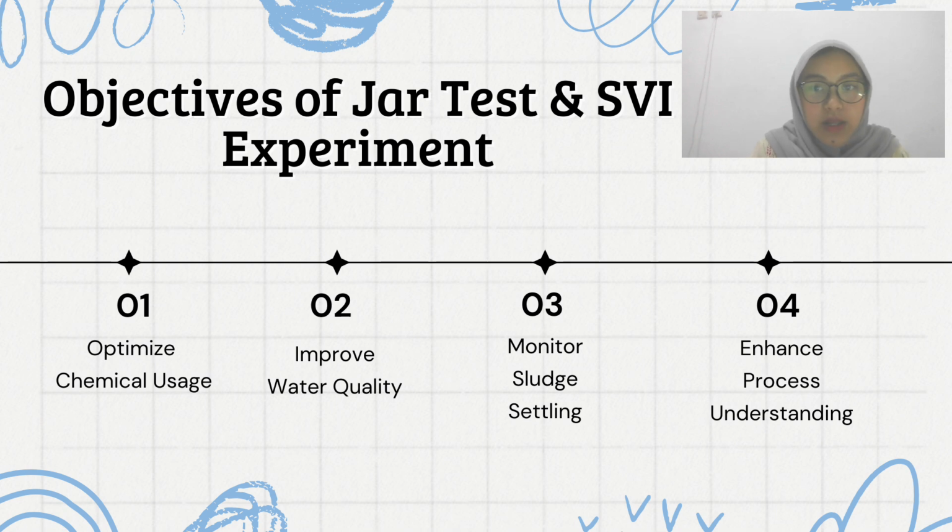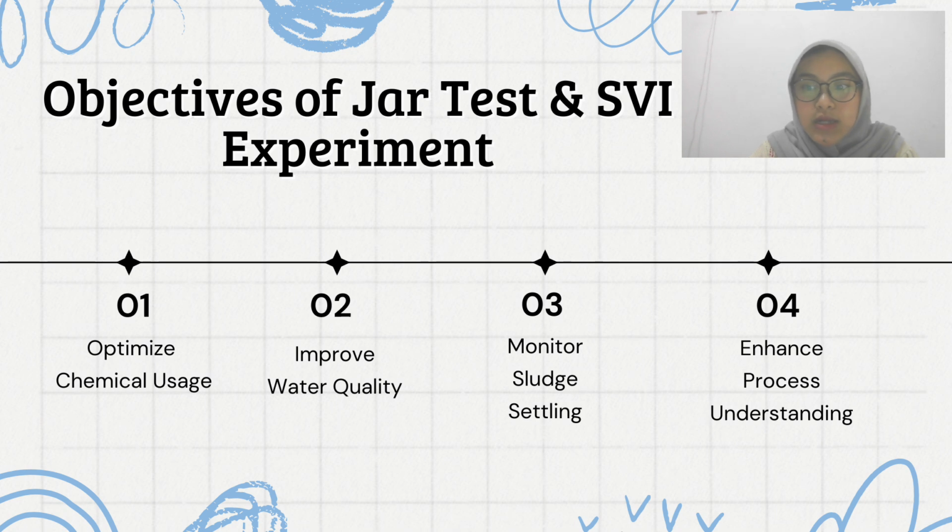Hello, my name is Aulia R Rafiqi, and in the next slide I will explain the objectives of jar test and SVI experiments. 1. Optimize chemical usage. 2. Improve water quality. 3. Monitor sludge settling. 4.